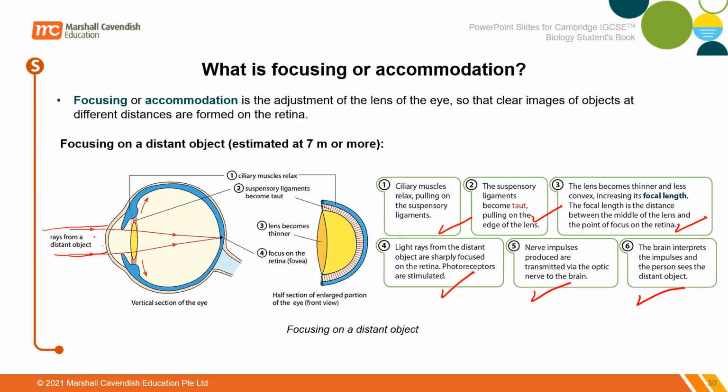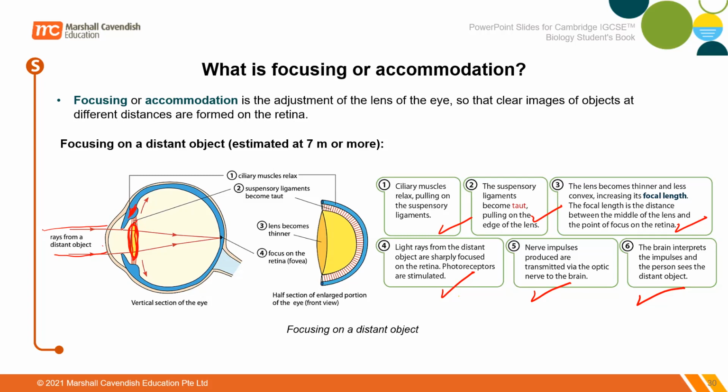The difference between a distant object and nearby objects: for the distant object, the ciliary muscles relax, and when they relax, they pull the suspensory ligaments. This will change the shape of the lens, and it will be thinner or flatter.